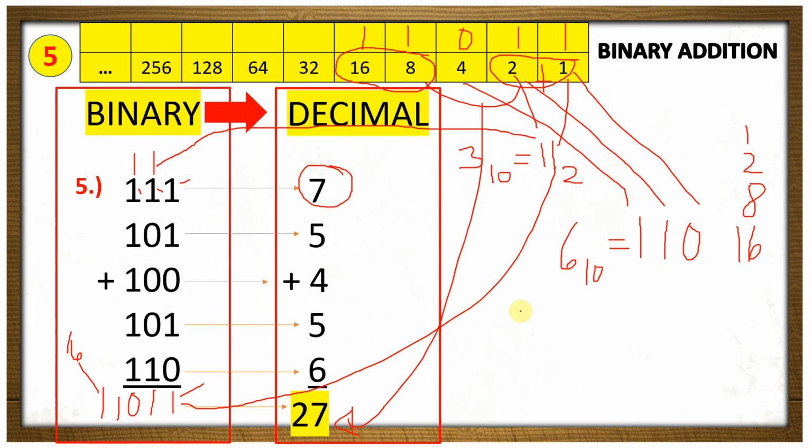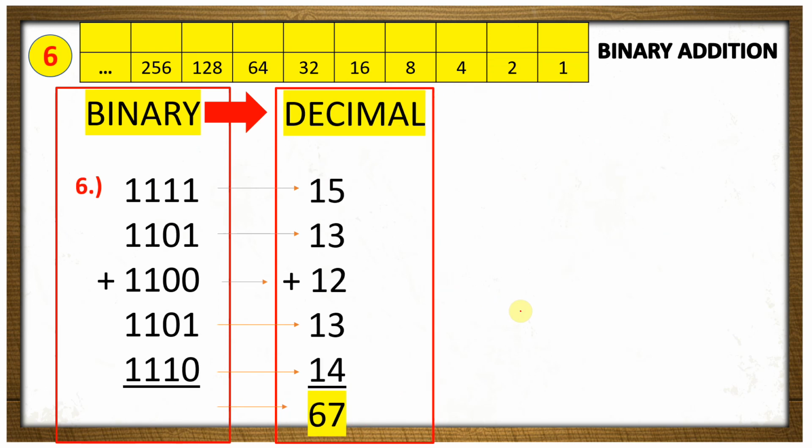Okay, so next, again, a computer is not limited to adding only small numbers. It could actually add large numbers. So meaning we can actually add several binary digits. So, okay, let us add this one. 1 plus 1 plus 0 is 2.